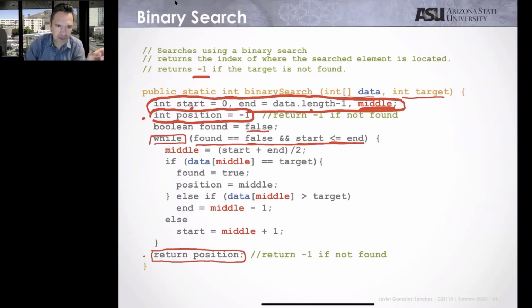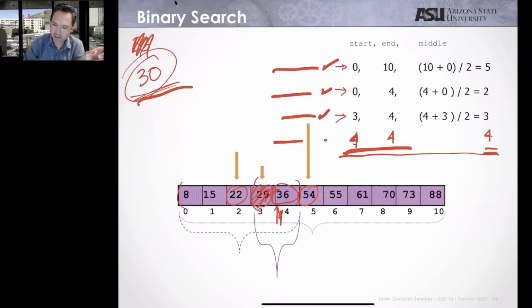So in my previous example: start, end, start, end, start, end. But if you calculate again, when you didn't find the 30, because the 30 was not here, you need to move in this direction, and then the end becomes 3, but your start is 4.